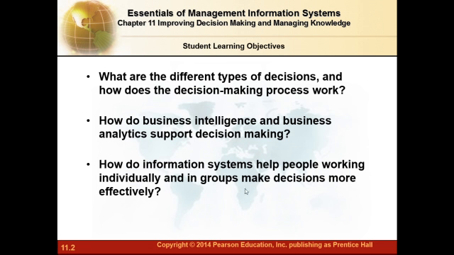Third, how do information systems help people working individually and in groups make decisions more effectively? In information systems, basically there are 2 types. One information system can help individual decision making, and another can help a group make decisions. Nowadays, a decision cannot come from only one person.